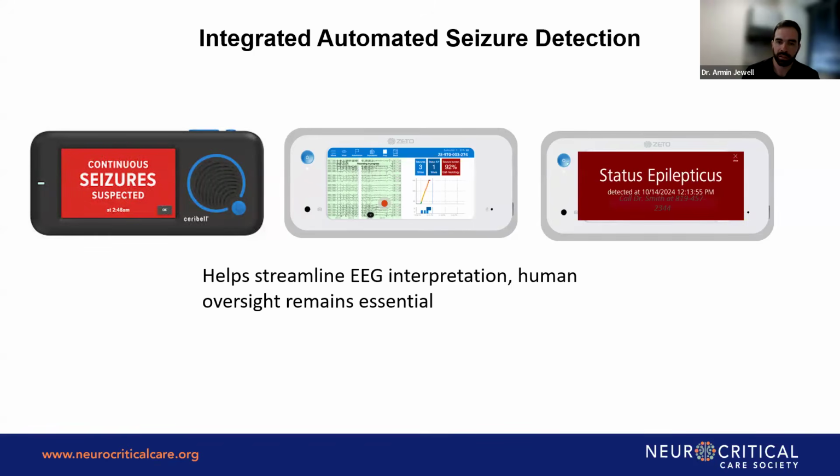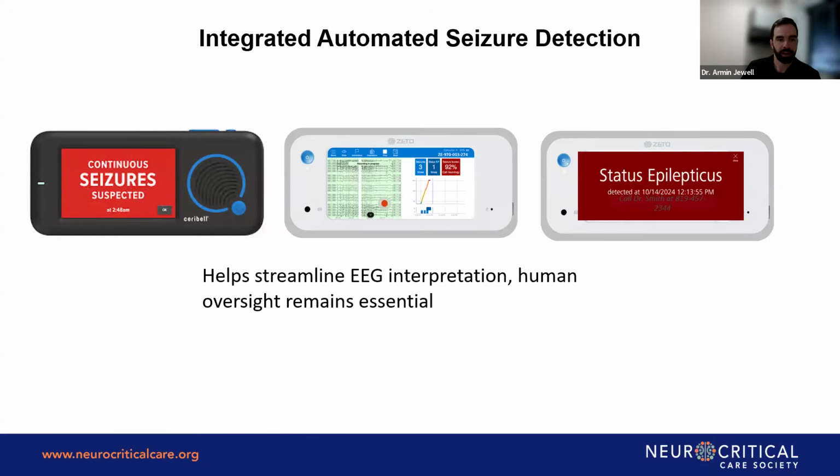If it detects continuous seizures or status epilepticus, it will alert the bedside staff, based on what the algorithm says, that there's something urgent and important to contact the reading physician and make sure that this is truly status epilepticus or not. It's an important bedside tool that can help get information quickly to the treatment team.